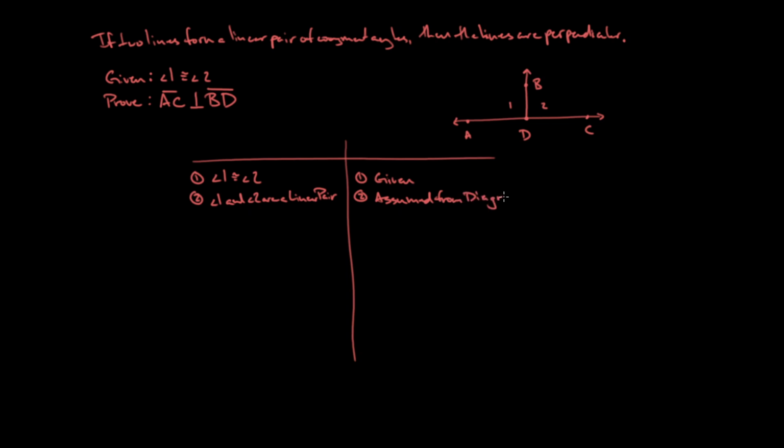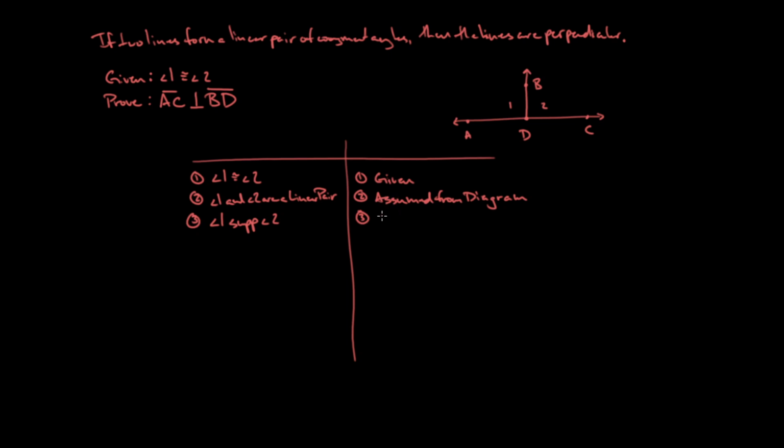And then I'm going to now have to start talking about combining these in some way. And so I'm going to have to get to equations. I have to get to some equations I can use. So let's start with the linear pair and try and convert this into an equation that we can work with. The way that we're going to do this is talk about, well, what do we know about linear pairs? We know that they have to create angles that are supplementary to each other. So angle 1 is supplementary to angle 2.